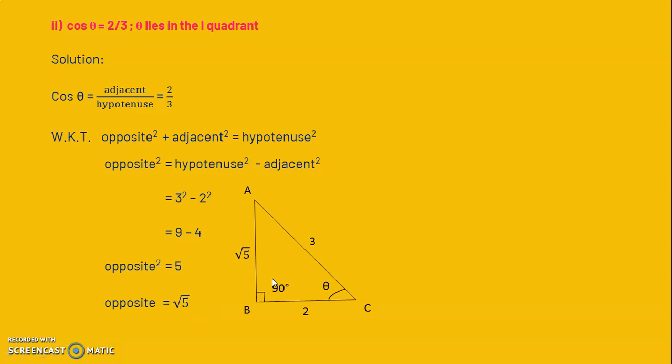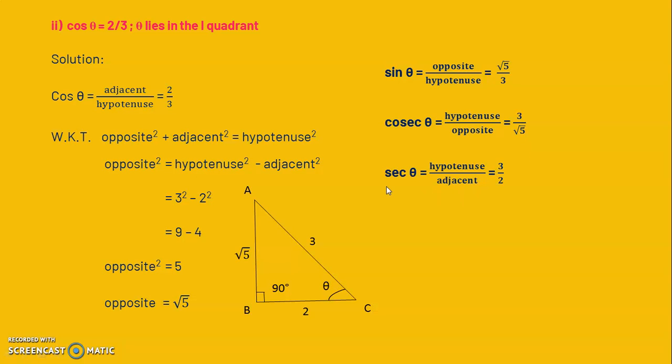Okay, so in the triangle you can make it clear that your opposite is root 5, your adjacent is 2 and your hypotenuse is 3. Okay, so we can write all other trigonometric functions here. Sin theta is opposite by hypotenuse which is root 5 by 3, and your cosecant theta is hypotenuse by opposite which is the inverse of sin theta, 3 by root 5, and your secant theta is the inverse of cos theta, that is 3 by 2, and your tan theta is opposite by adjacent which is root 5 divided by 2.